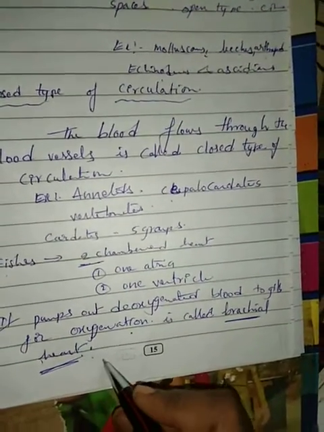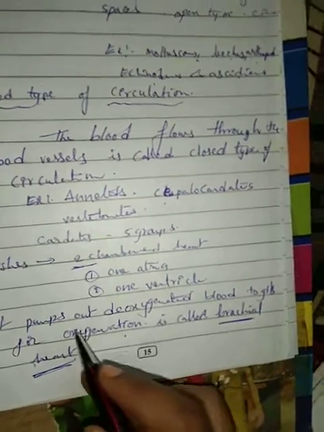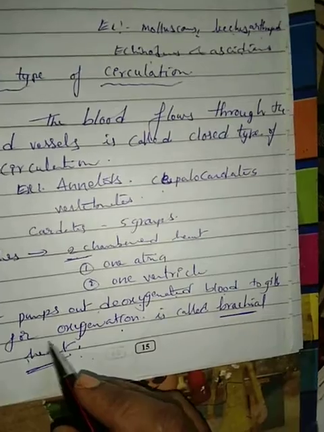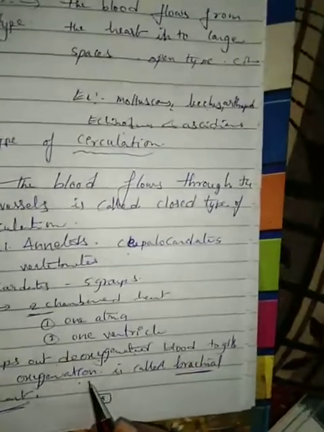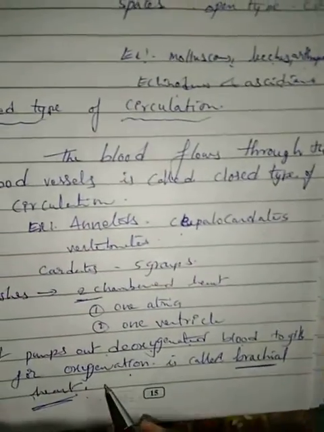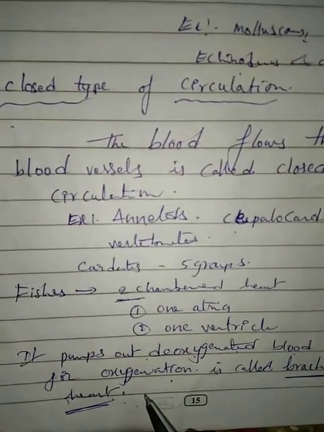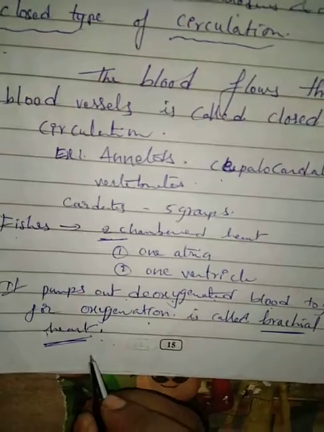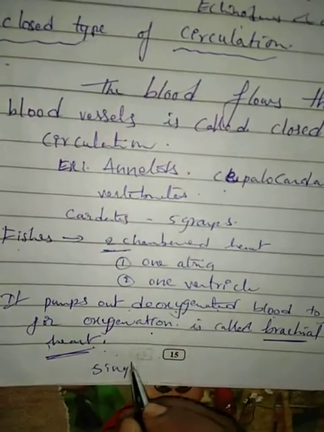Why is the fish's heart called a branchial heart? It pumps out deoxygenated blood through the gills for oxygenation. So that is the branchial heart of the fishes. They have single circulation.